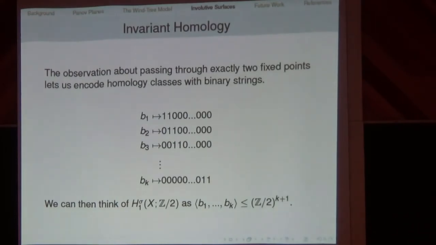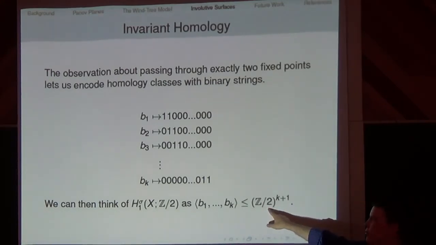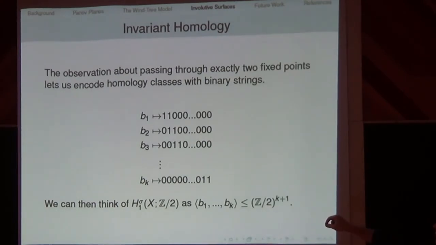So that observation about fixed points is kind of convenient because it gives you a really easy way to encode this particular subspace in homology by writing zeros and ones. Now, since I'm in Z mod 2, there's kind of an obvious, stupid way to encode things with zeros and ones. And what I'm doing, I claim, is not stupid.